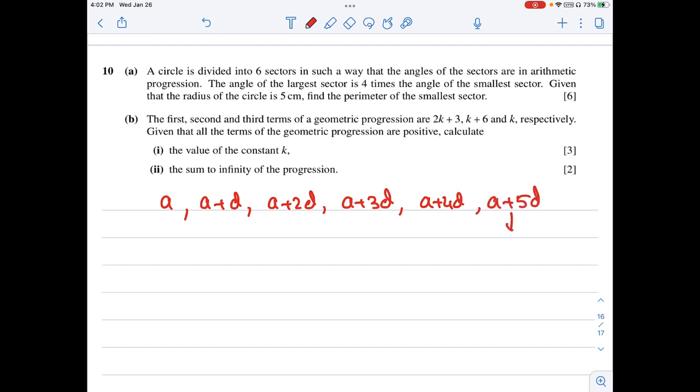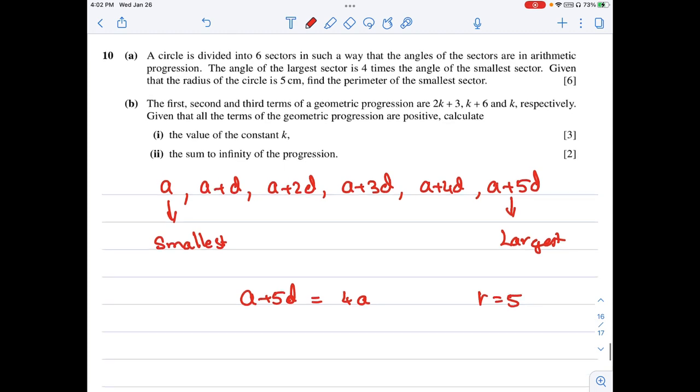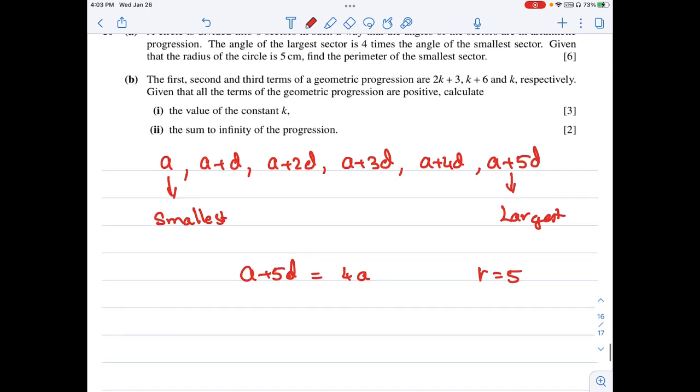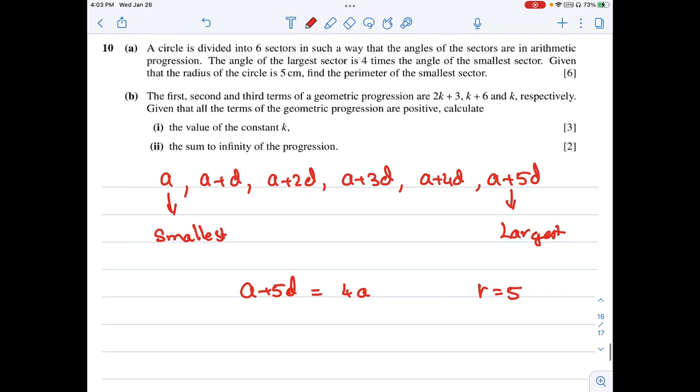So, the largest one will be a plus 5d and the smallest one will be a. What he says is the largest is 4 times the smallest, equal to 4a. Given that the radius of the circle is 5 centimeters, so radius is equal to 5. Find the perimeter. a plus 5d is equal to 4a.